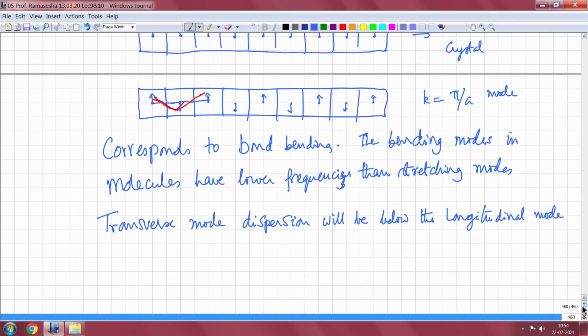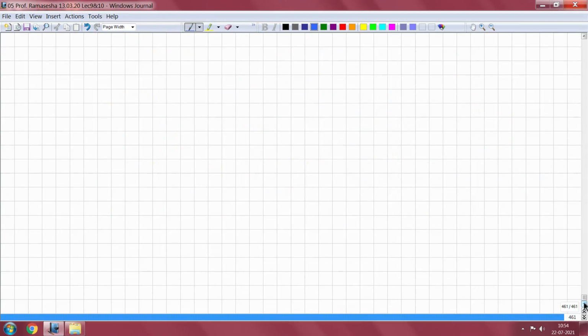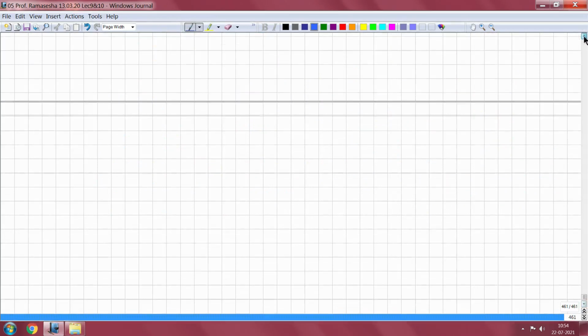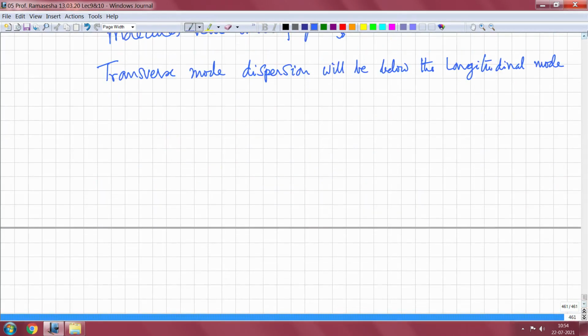Okay, so now let us come to actually obtaining the form of the dispersion. To get the form of the dispersion, let me look at the chain. So let me call this one as the Lth site, and this one as L minus 1, and this one as L plus 1. Okay.